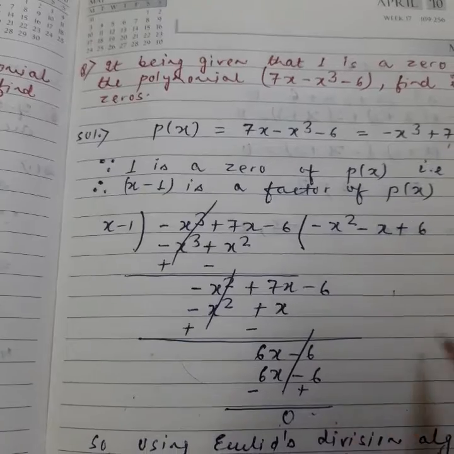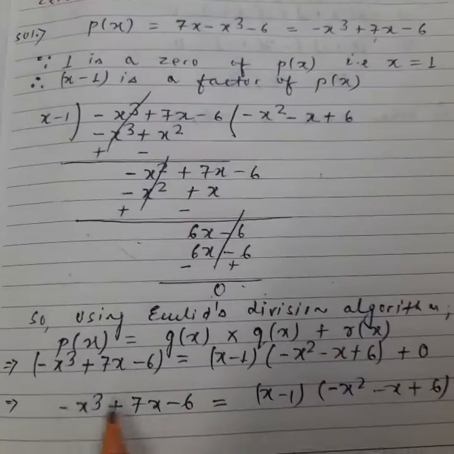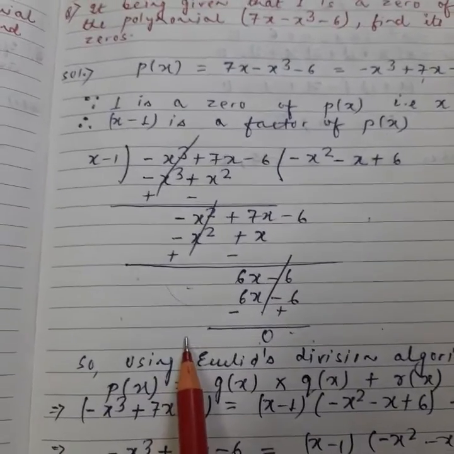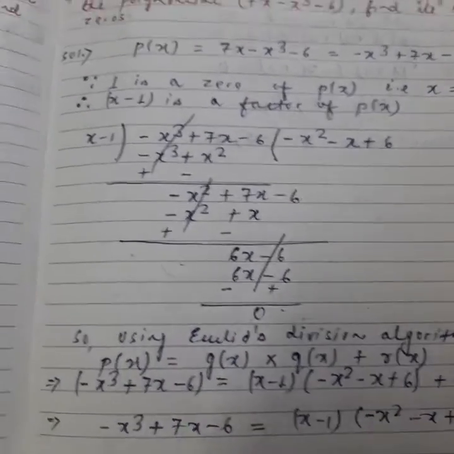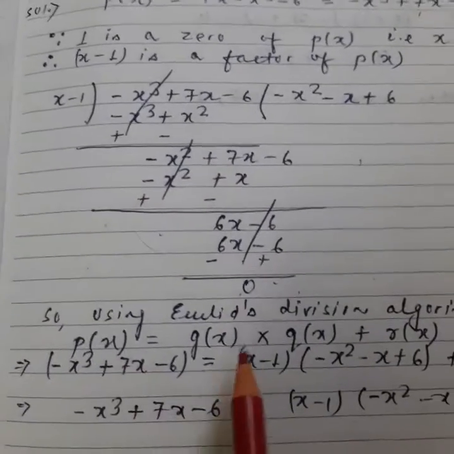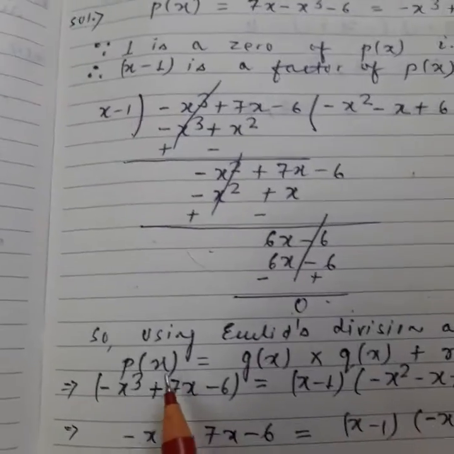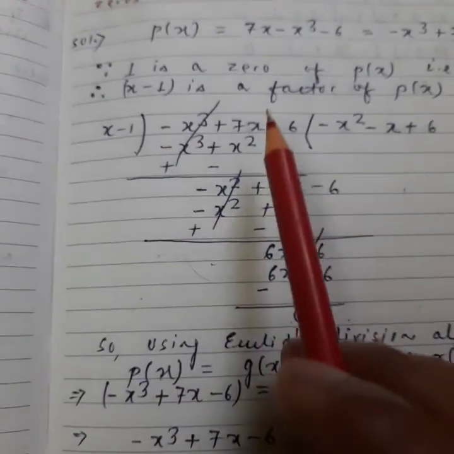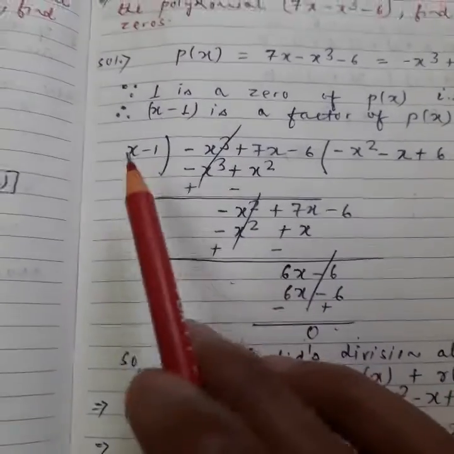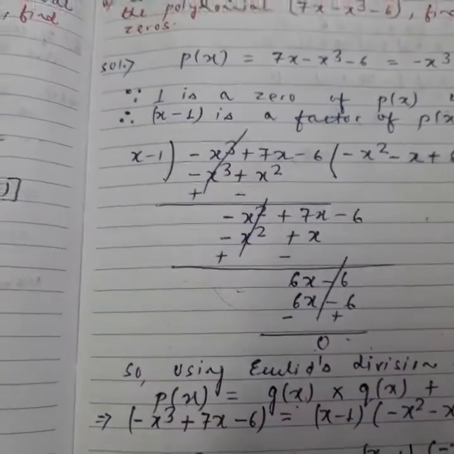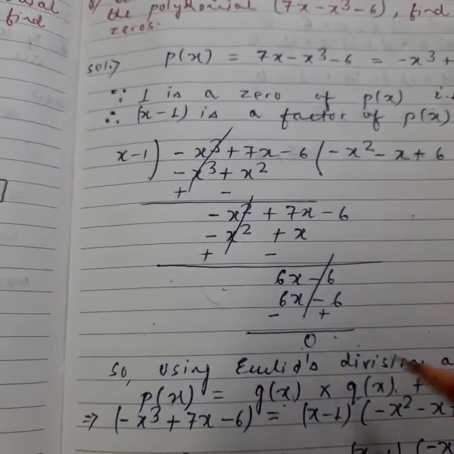So after performing this long division carefully, we can use Euclid's division algorithm, that is p(x) equals g(x) into q(x) plus r(x). What is this p(x)? p(x) is the dividend. What is g(x)? g(x) is the divisor. q(x) is the quotient and r(x) is the remainder.